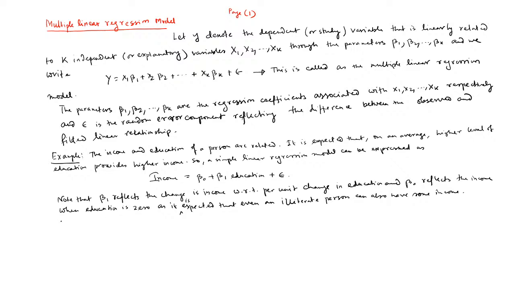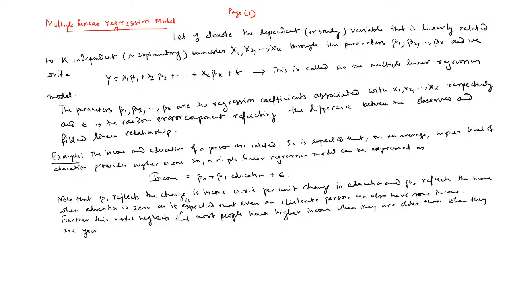Further, this model neglects that most people have higher income when they are older than when they are younger, regardless of education.